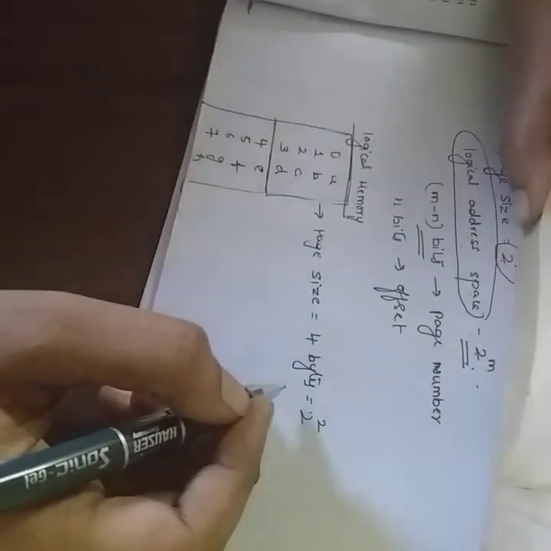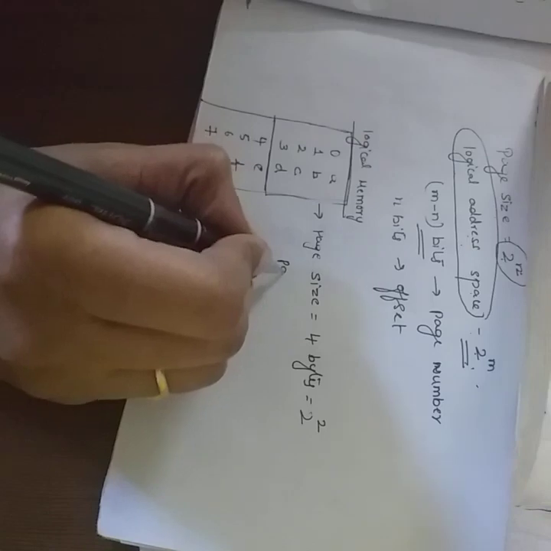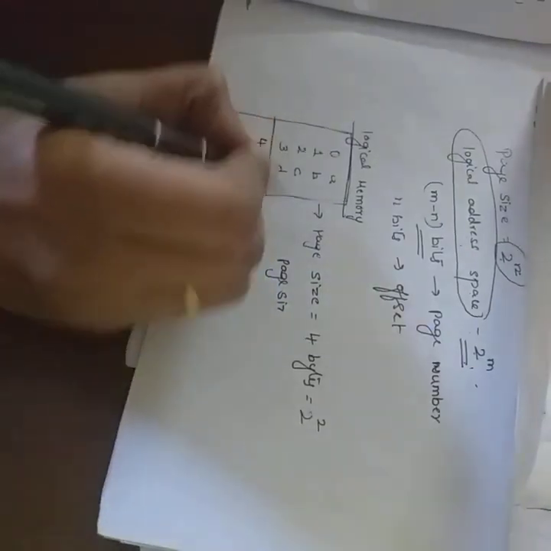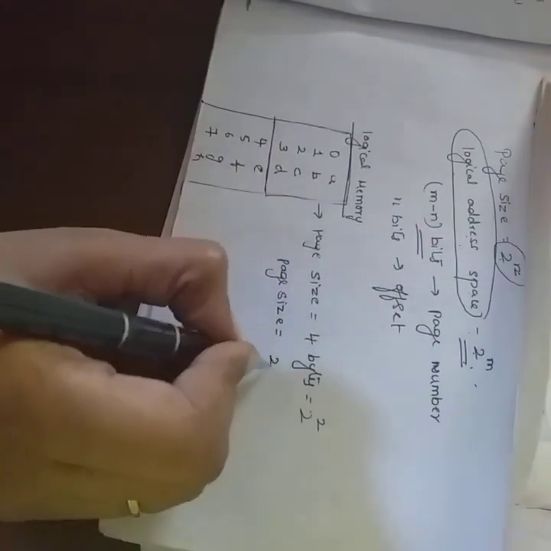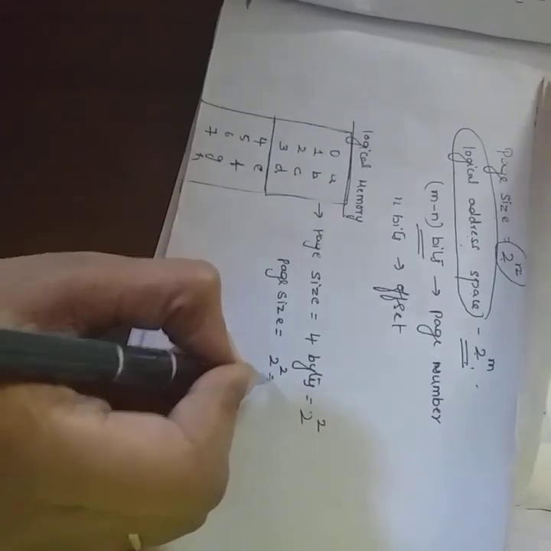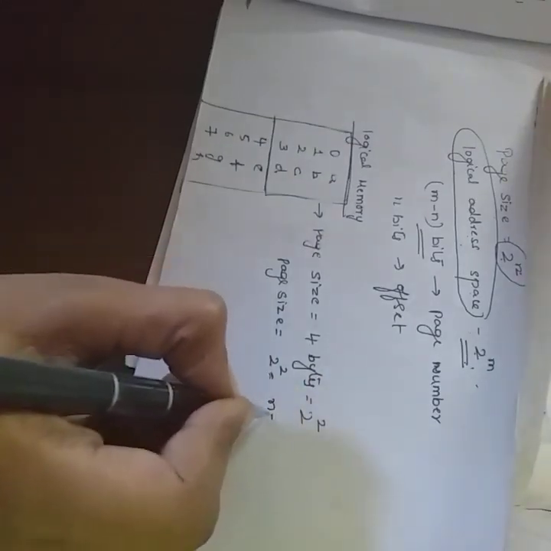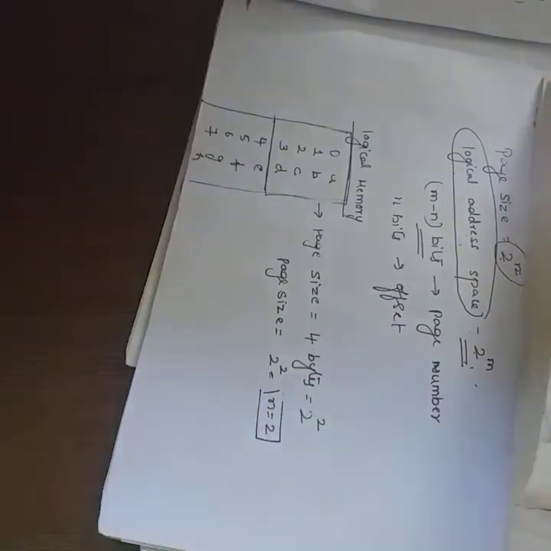Right? Now see here, page size. In this example, page size is equal to 2 power 2, where n is equal to 2. Now in this example we can see the page size. 0 to 15, each page 4 bytes, that is equal to 2 power 2.